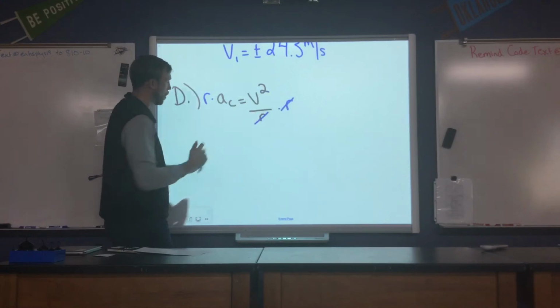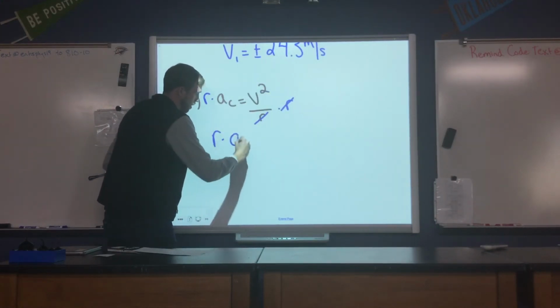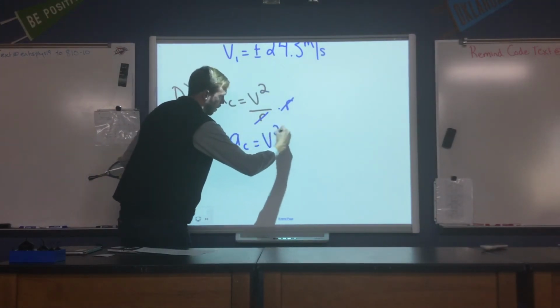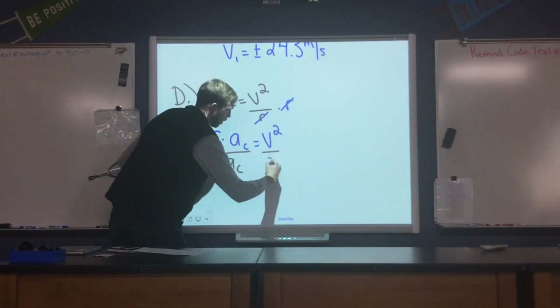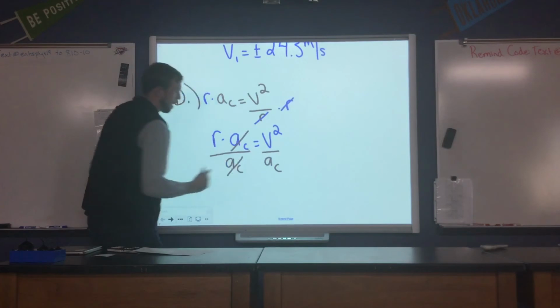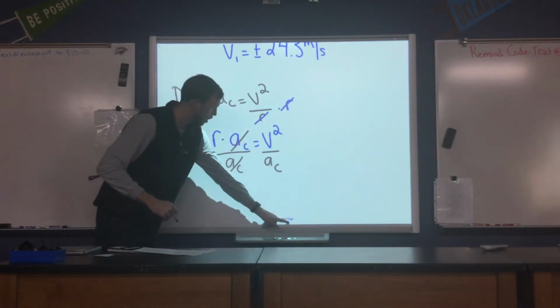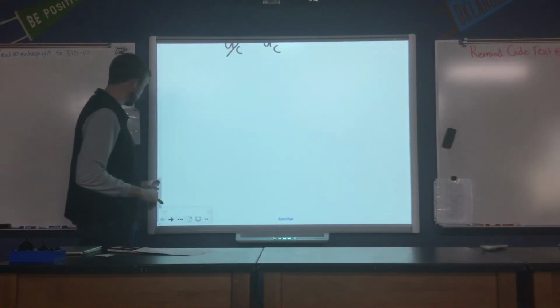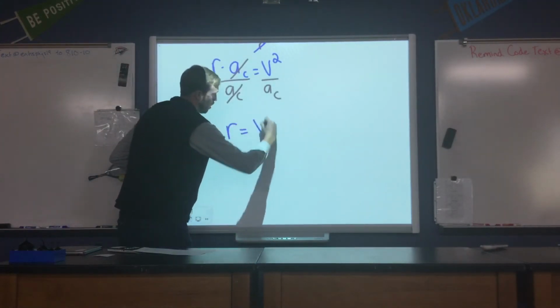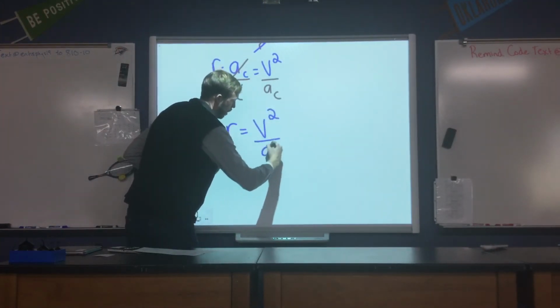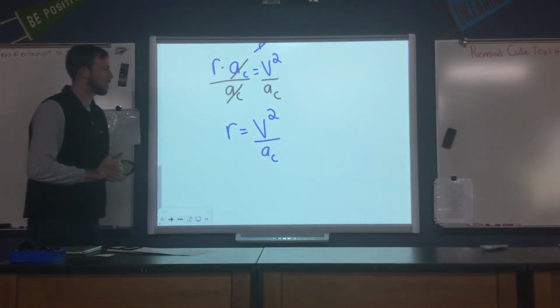On the right side of our equation, we'd have radius times centripetal acceleration equals v squared. I would then divide by the centripetal acceleration on both sides of my equation. And I would be left with an equation for our radius that looks like this. Radius is now by itself, and that is equal to the velocity squared divided by the centripetal acceleration.